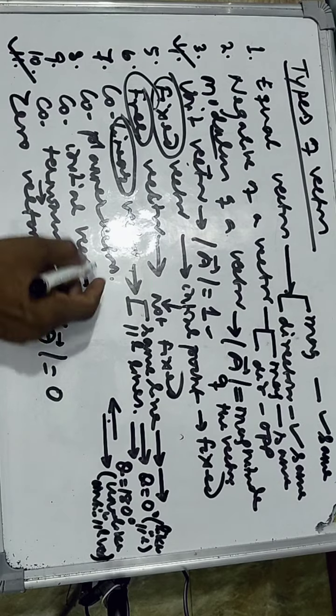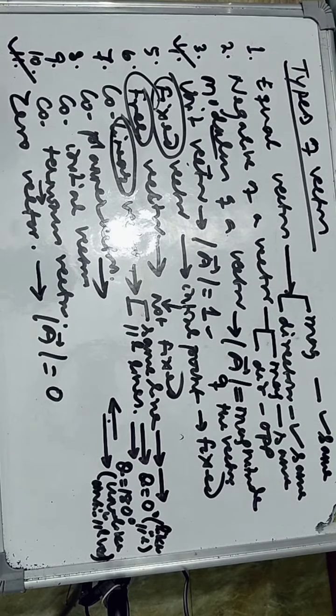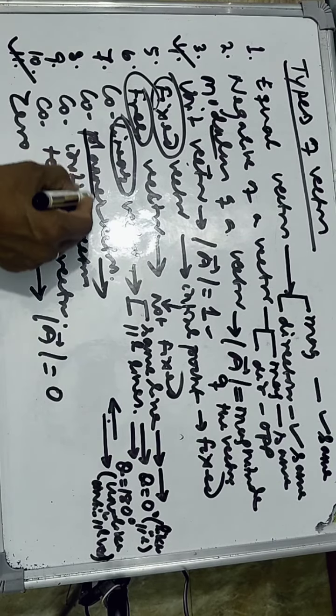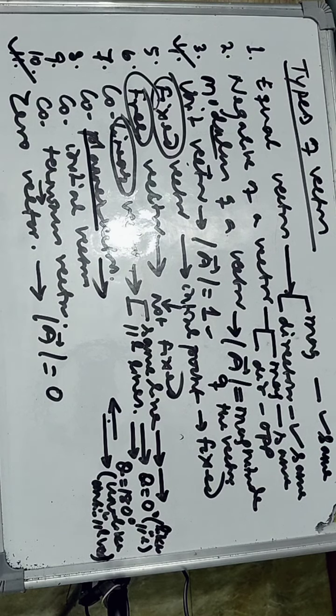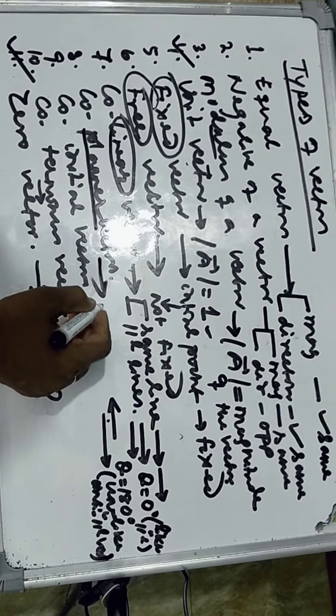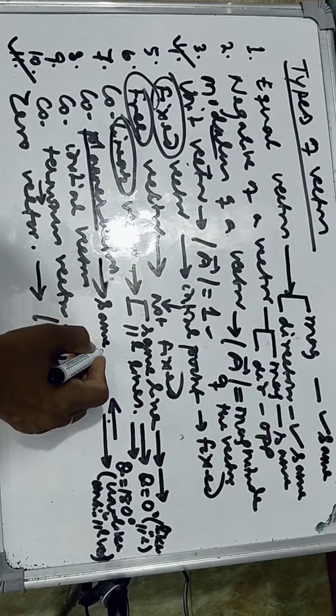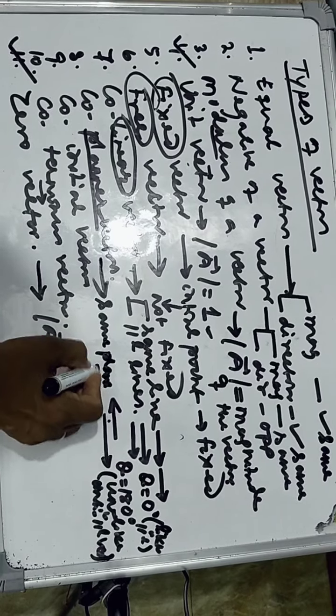Now, if vectors are acting in the same plane, then all these vectors will be termed as coplanar. On the same plane of the paper, we say plane of paper is one plane and all vectors lie on that same plane.